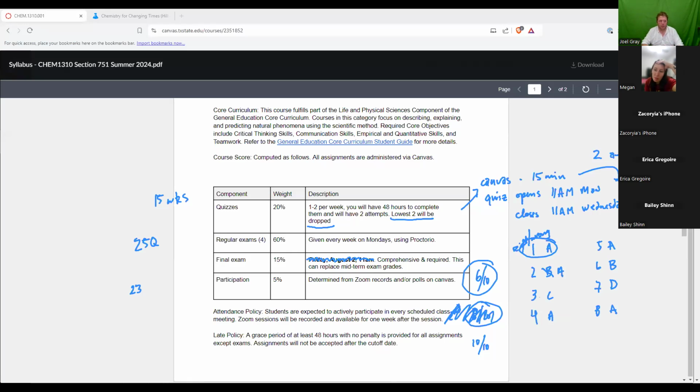Because I want you to prepare for it, see the questions, answer those questions, get the score feedback, and then go back and look at the notes, look at the textbook, and figure out, okay, where did I make the mistake? That's the work that we'll be doing throughout the semester. So no homework, but the quizzes are open note.